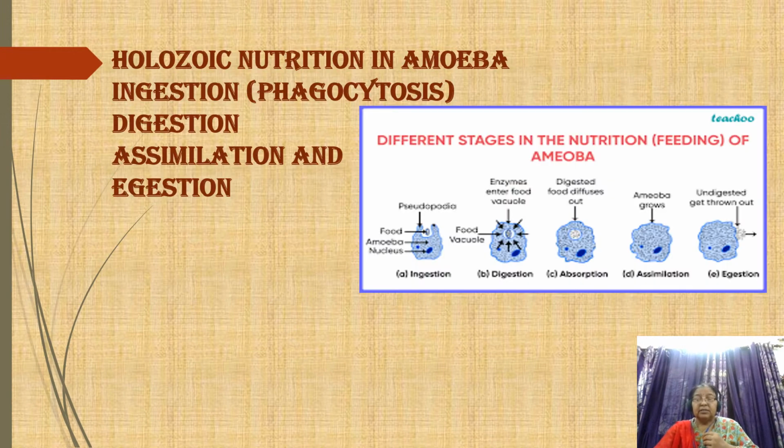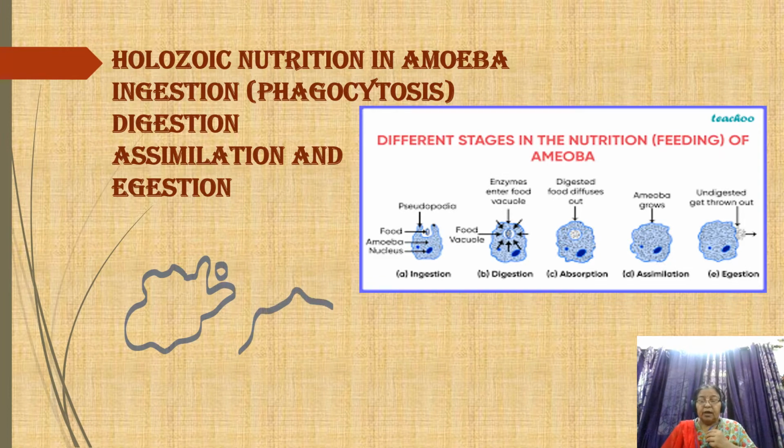Now let's discuss holozoic nutrition in amoeba. Amoeba is a unicellular organism, and as you studied in lower classes, it has pseudopodia. It comes across a food particle. The pseudopodia go around it, and it becomes a part of the body, a food vacuole. Clear?